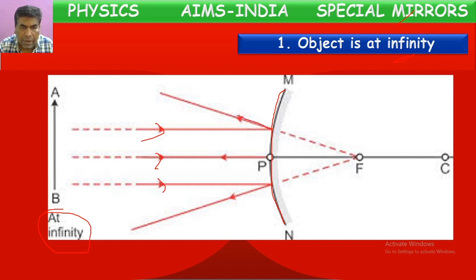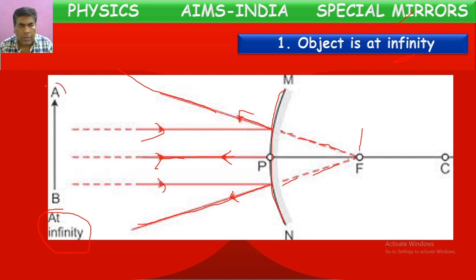After touching the mirror, they will reflect back in different directions, such that they will never meet in the reflected direction. But if we extend them back, they will meet at one point called the focus.